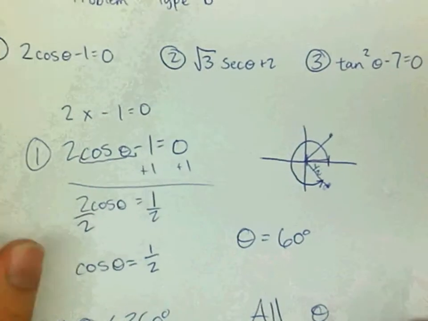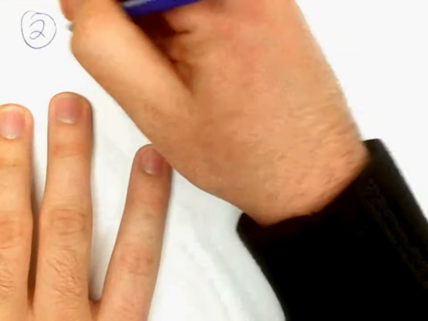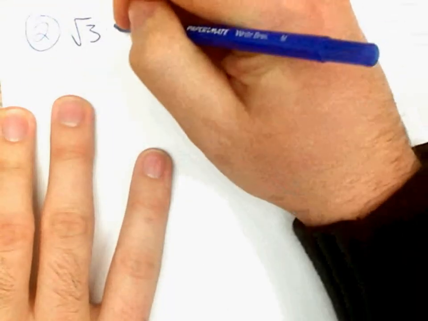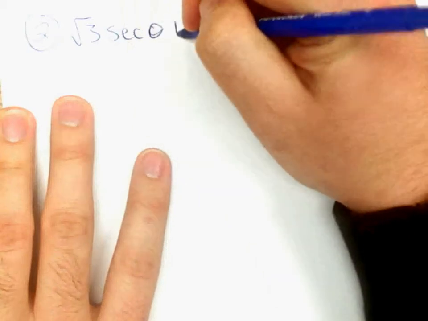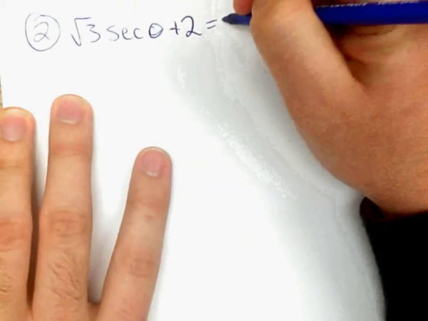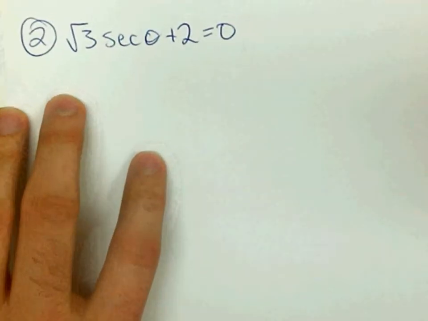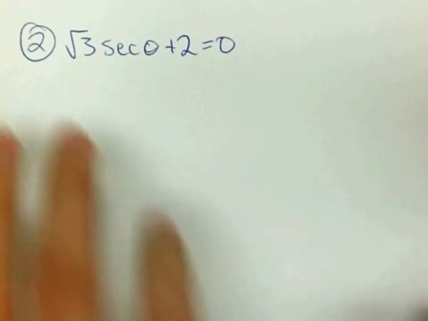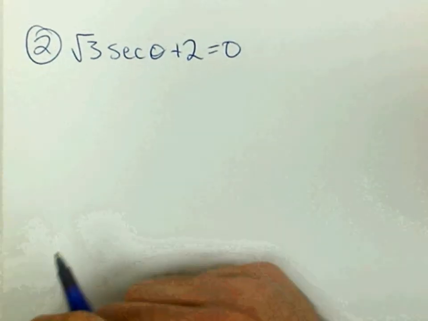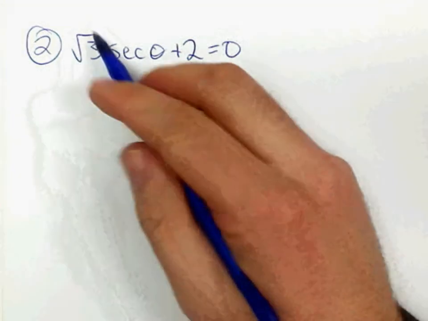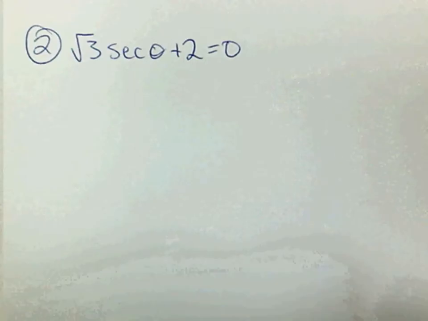Square root of 3 secant theta plus 2. Now this is a type of problem, it should be equal to 0, I'm sorry I didn't write that before. This is the type of problem where I see a lot of students get stuck because this square root of 3 intimidates some people. Don't let it. Remember, square root of 3 is just a number.